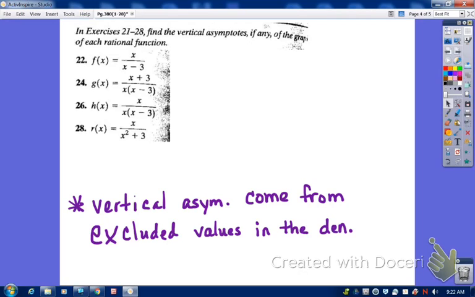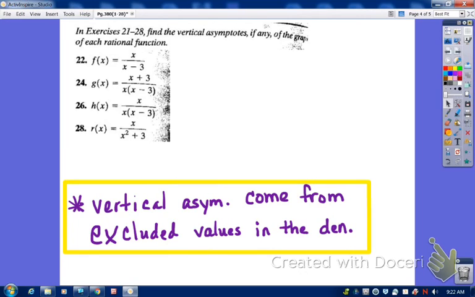Vertical asymptotes come from excluded values in the denominator. Vertical asymptotes come from excluded values in your denominator. Horizontal asymptotes follow a set of rules, 3 rules for horizontal asymptotes. Vertical asymptotes are easier to find because you're just looking for excluded values.